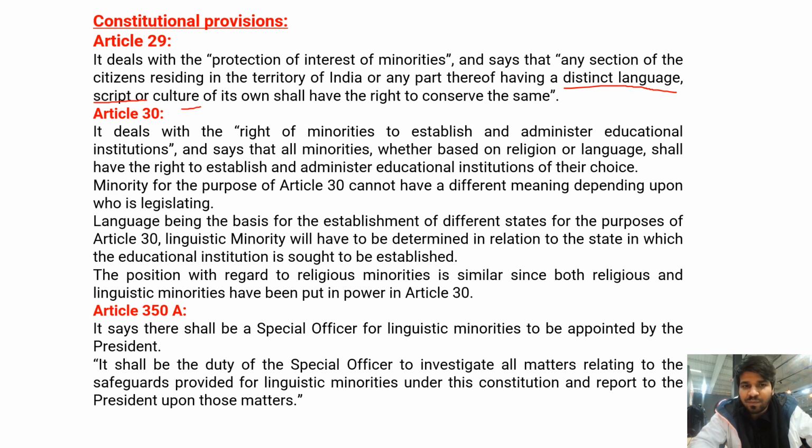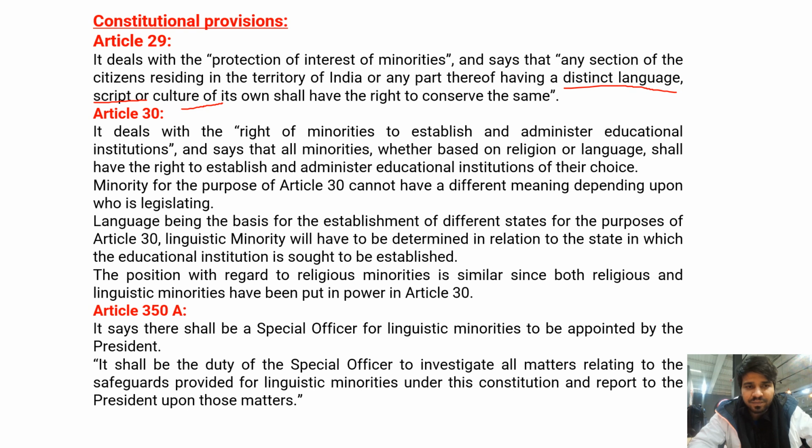These are 3 different important words: language, script, or culture of their own shall have the right to conserve it. So this comes through the Article 29.